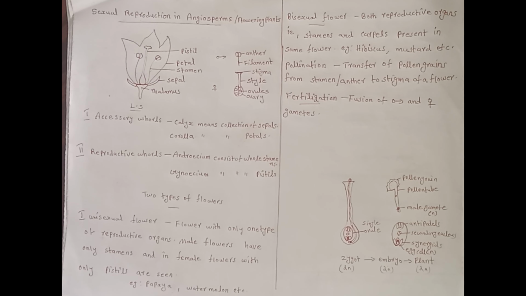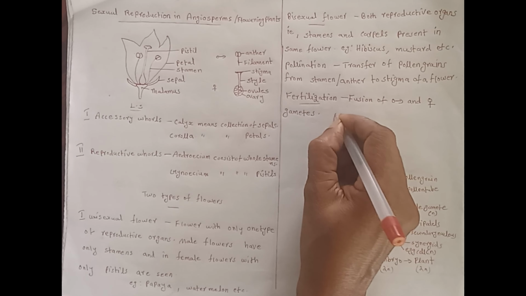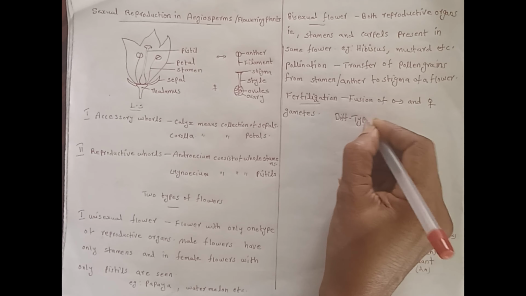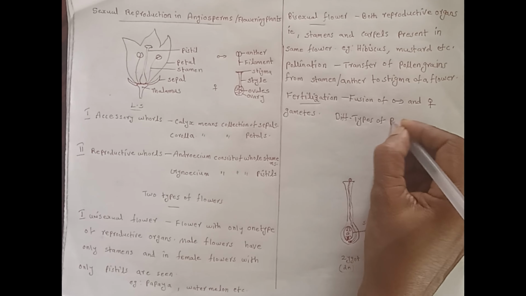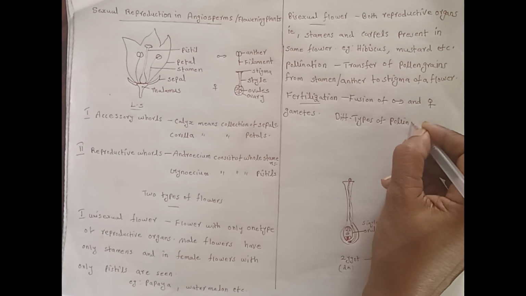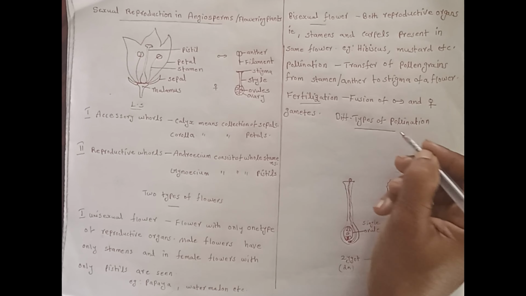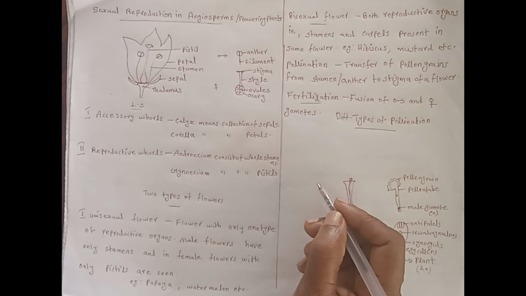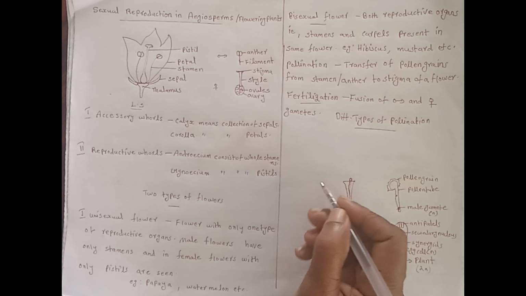Then there are different types of pollination seen in different types of plants. First, self-pollination. Second, cross-pollination.